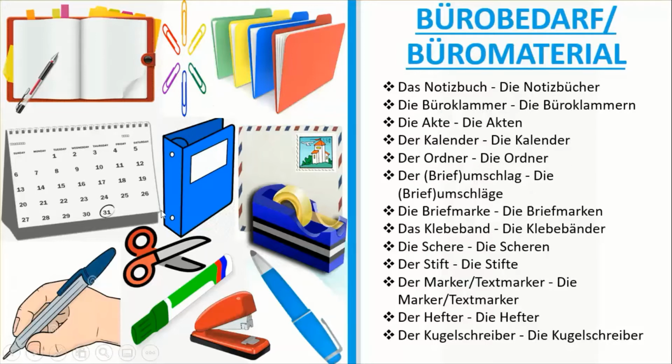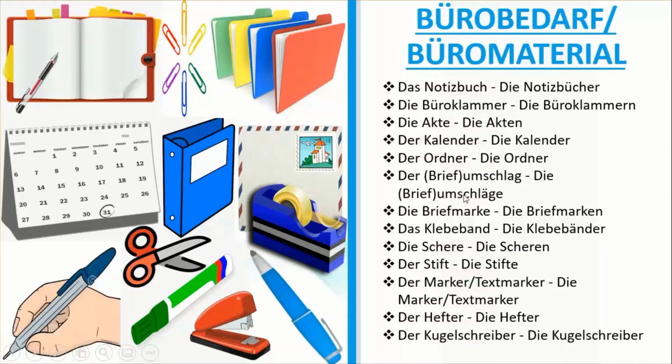The Ordner is this big folder or file folder that can store many documents or many papers, and of course it is bigger than a normal file. This word also in the plural is the same as in the singular form.